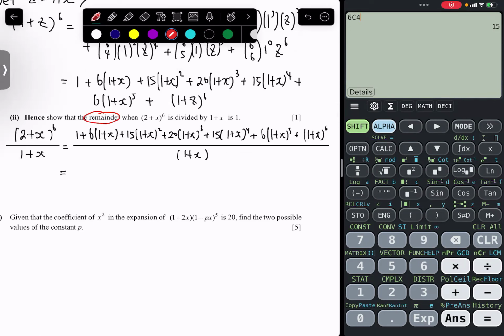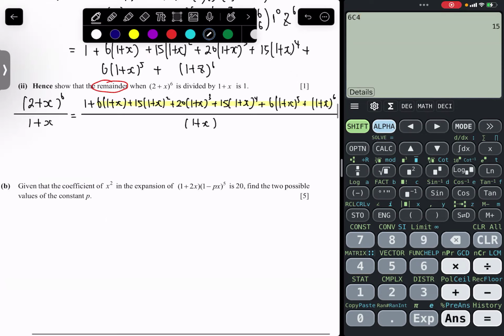Notice that all these terms contain a factor of 1 plus x. So I'm going to solve this by the factor theorem, because I didn't see that they're asking for the remainder.